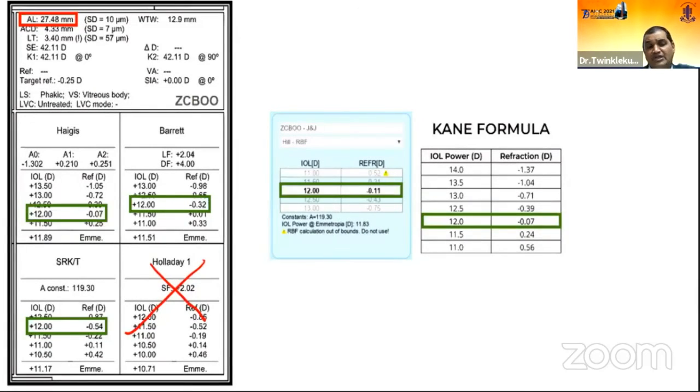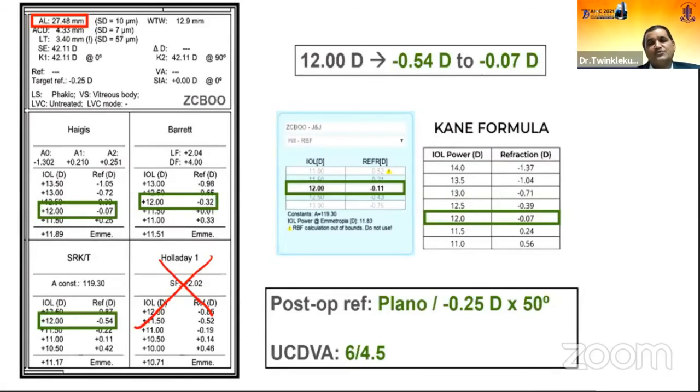But when you go for the 12 diopter power, it goes from minus 0.54 to minus 0.07. So when I opted for the 12 power, it went near to plano. So it is better to go for the slightly myopic side after comparing the different formulas.